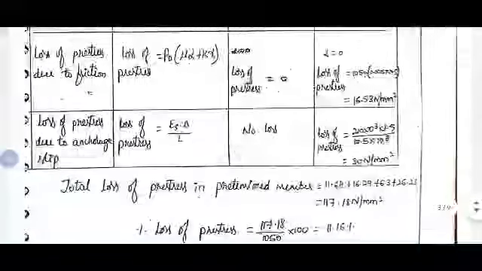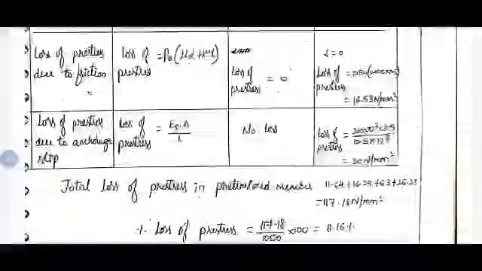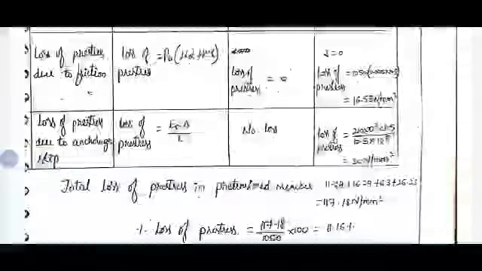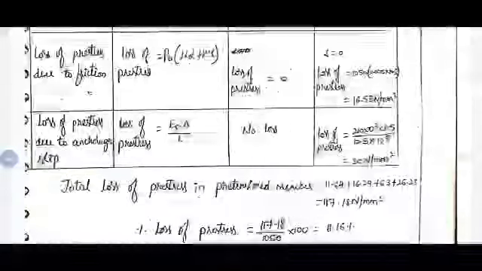Only you remain with 1050 into K into X. You will get some loss. Then loss of pre-stress due to anchorage slip, Es into delta by L. Again there is no loss in case of pre-tension, it will be only in case of post-tension. Substitute the values and get the answer.